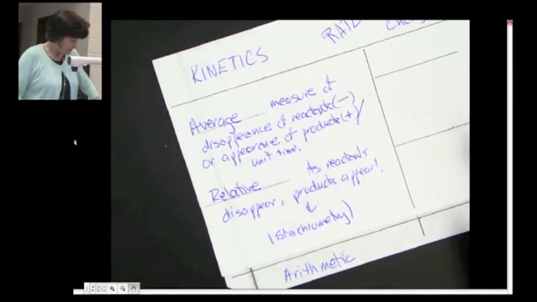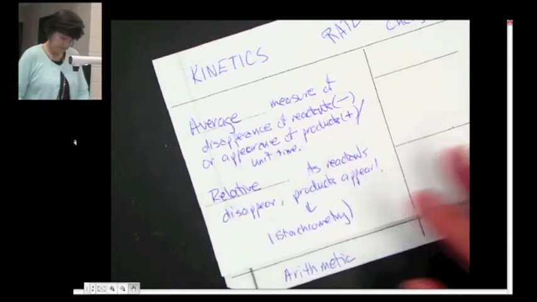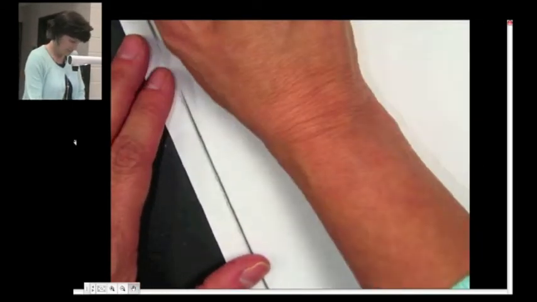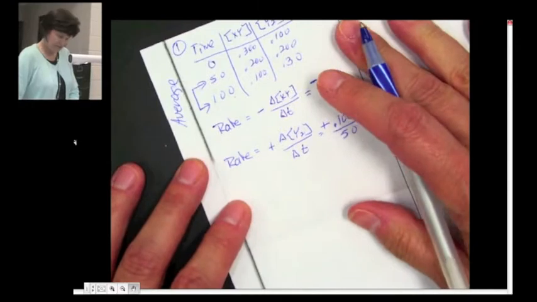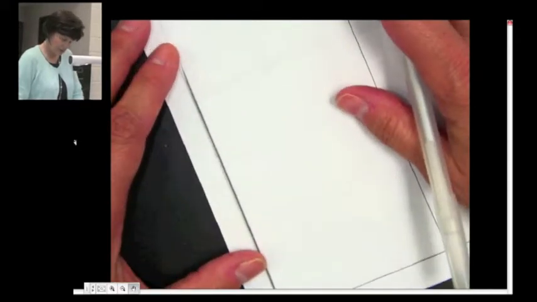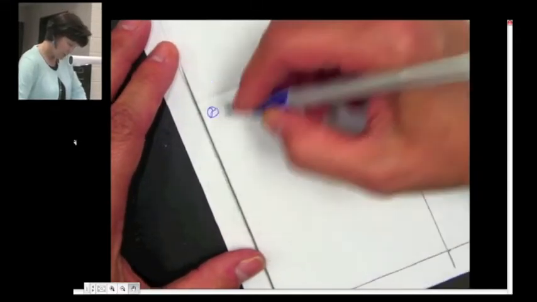Let's look at an example of a relative rate problem. Up here is our average rate calculation, and down here we're going to do a relative rate.